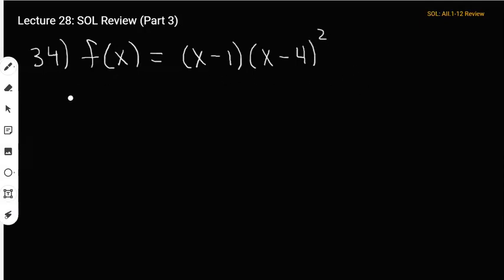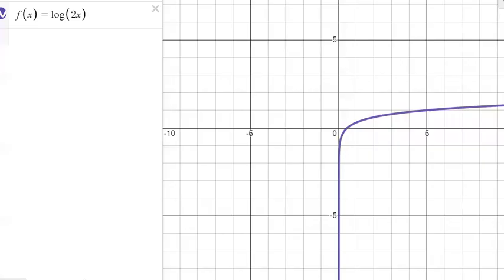And it asks for intervals of decreasing. So I'm going to write decreasing. Where is the function decreasing? Well, the first thing we can do is graph it. So I'm going to go to Desmos and I'm going to graph this function.